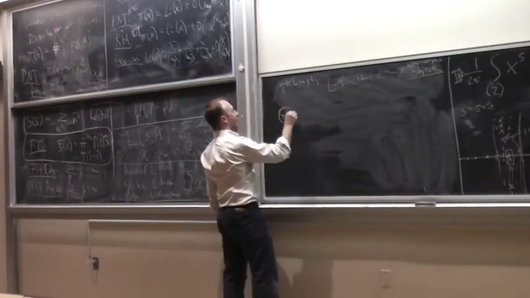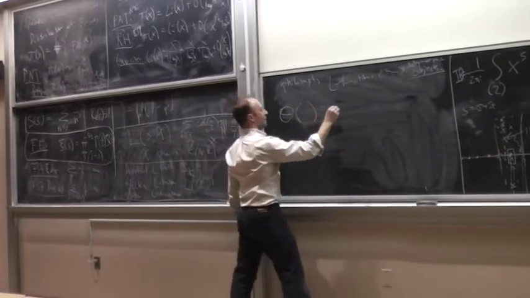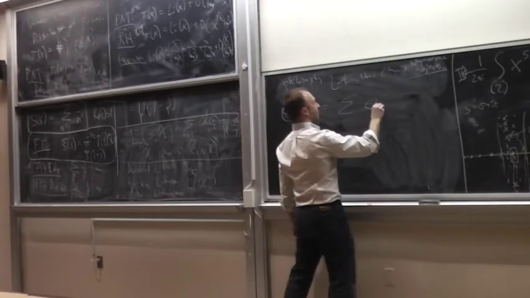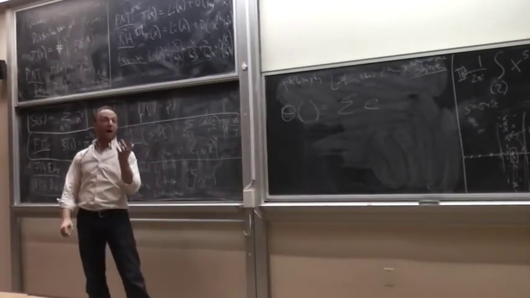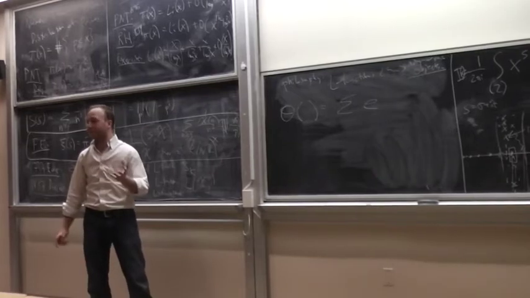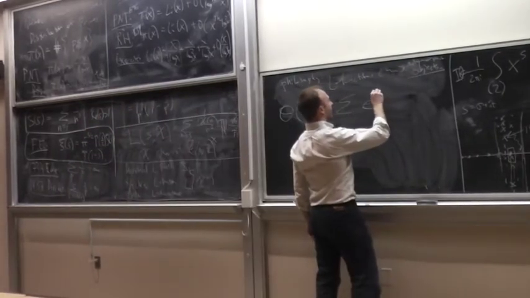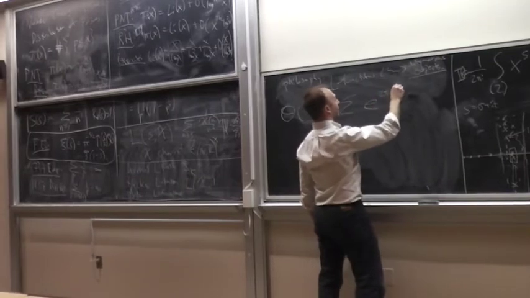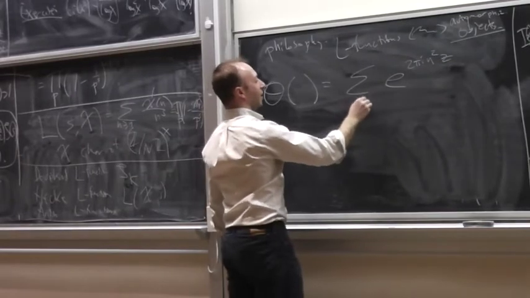So you take a theta function. What's a theta function? Let's say you want to study how many ways a number is a sum of two squares, or how many ways a number can be written as a sum of four squares. Okay, so here's the natural thing to do. You take e^(2 pi i n^2 z) and sum over all integers.